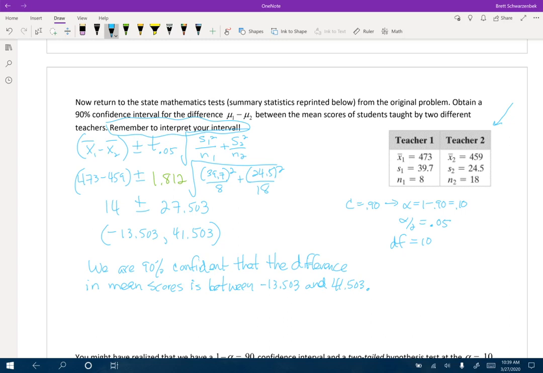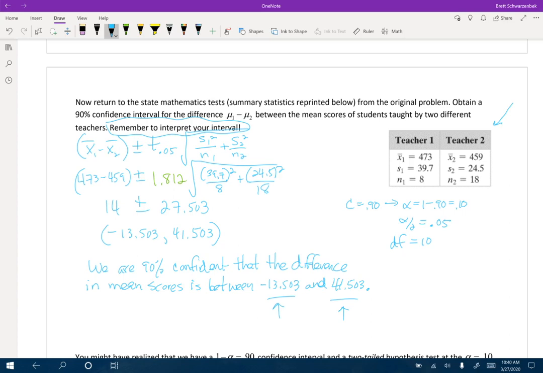Okay, so a small thing about this. Students will often be a little confused when it comes to this. So note we have a negative now. We didn't have a negative the last time we wrote out the interpretations when it comes to differences. So what does that mean? That means it's anywhere from teacher 2 being 41.503 higher than teacher 1 to teacher 1 being 13.503 higher than teacher 2.